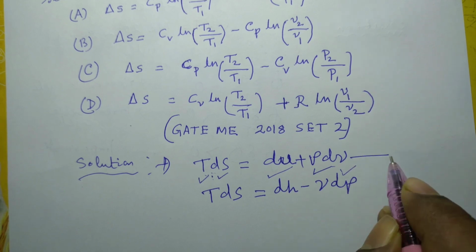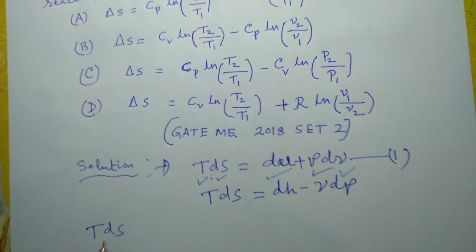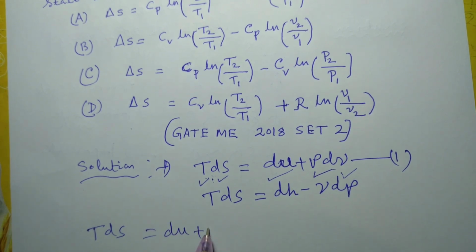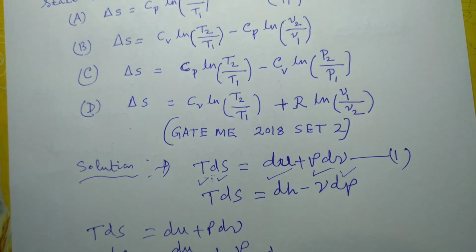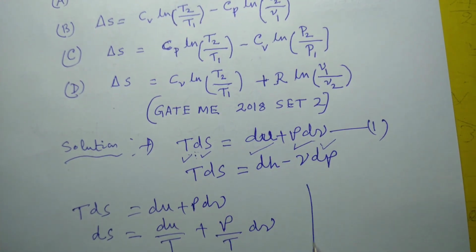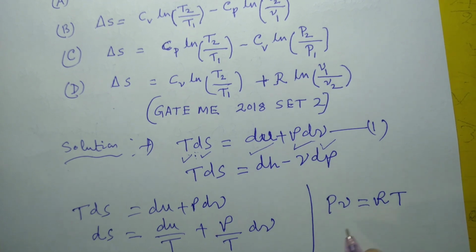If you want to derive the change in entropy from equation 1, it will be like this. TdS is equal to du plus PdV, which implies dS is equal to du by T plus P by T dV. For an ideal gas, the relation is PV is equal to RT, where V is specific volume.